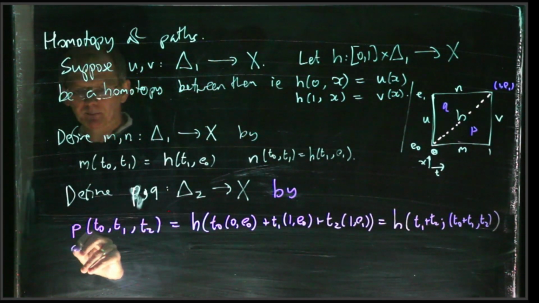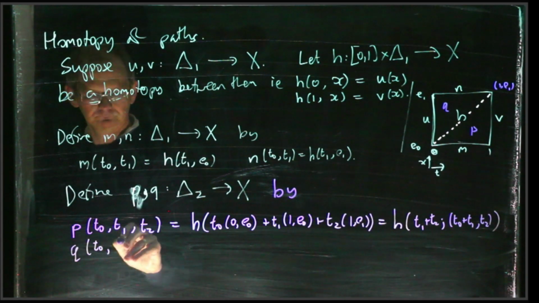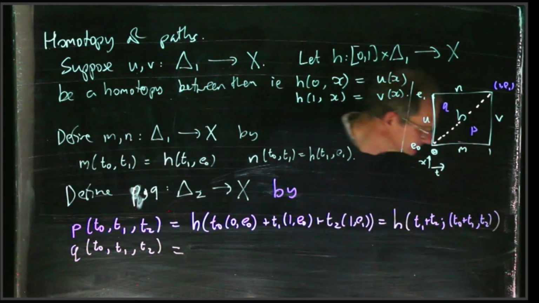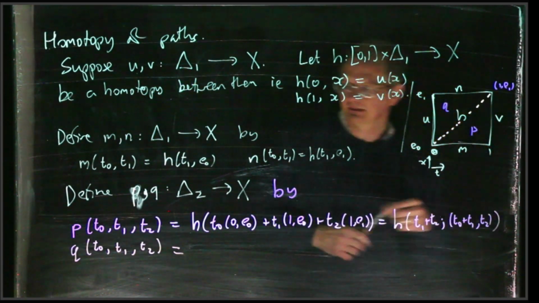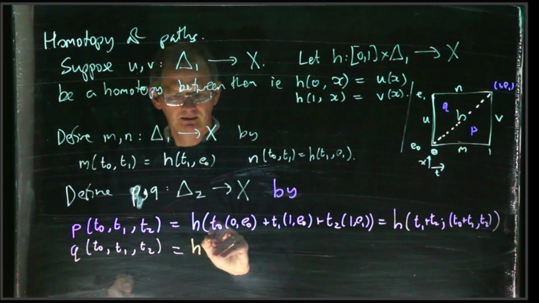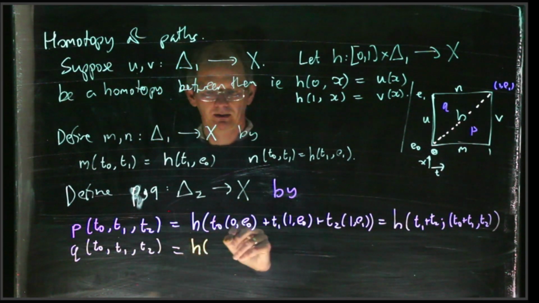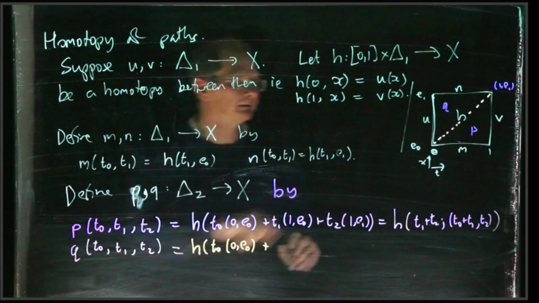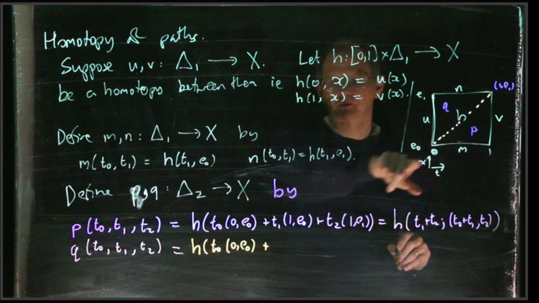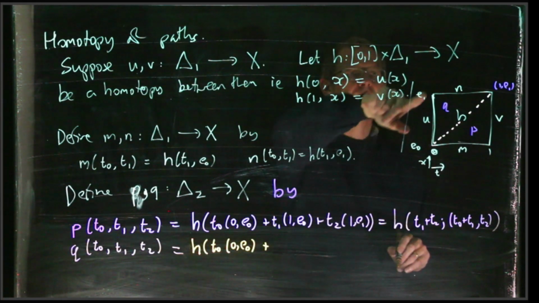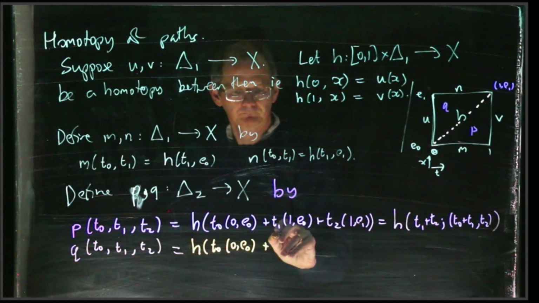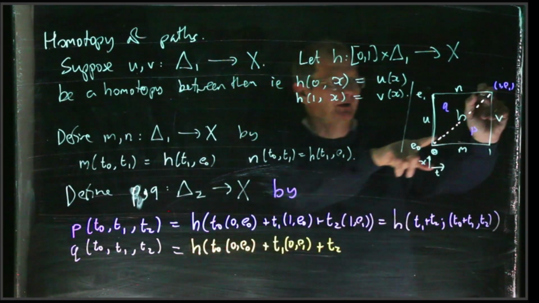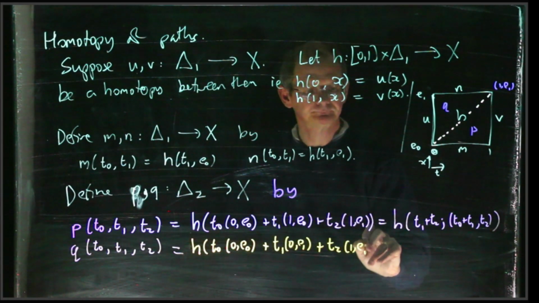And Q is going to be the top half. We do this in a similar sort of way. We've got one vertex down at (0, e0), and then the next vertex is at (0, e1), and the last vertex up at the top right corner, (1, e1).